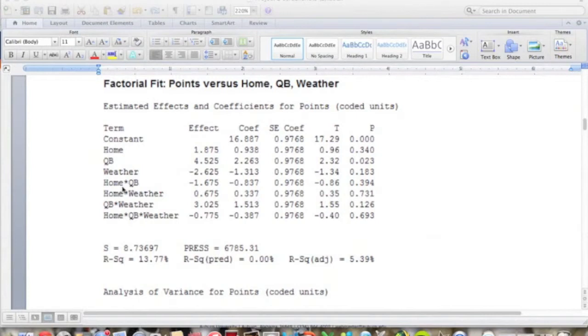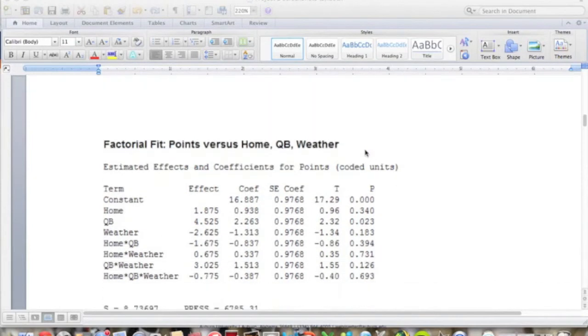We can also reject that the home and the starting quarterback together affect the home and the weather, the quarterback and the weather, the home quarterback and the weather, but we cannot reject whether the starting quarterback versus the non-starting quarterback affect the total points. So we accept that.